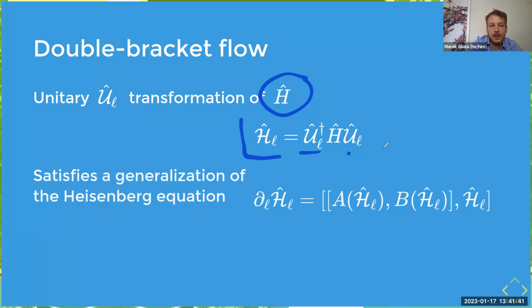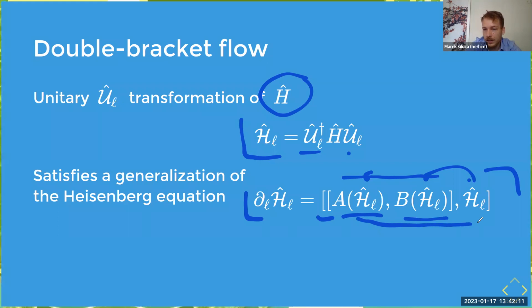And we want it to satisfy this generalization of the Heisenberg equation, namely that there will be a double bracket. The generator of the flow, the evolution, will maybe depend on the Hamiltonian that we are considering. You do an operation A on that matrix, you get something. You do operation B on that matrix, you get something. You take the commutator of those two, then take the commutator with our flowed Hamiltonian, and that gives us this evolution equation.